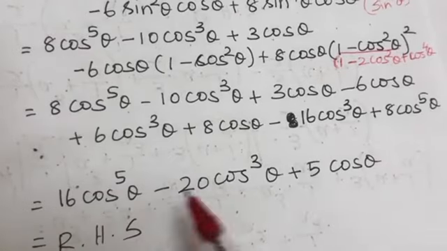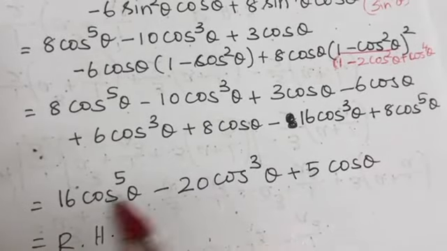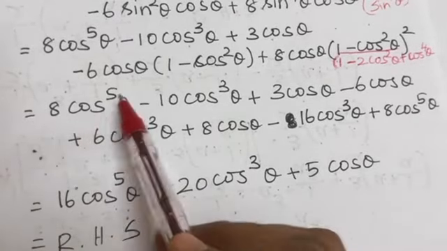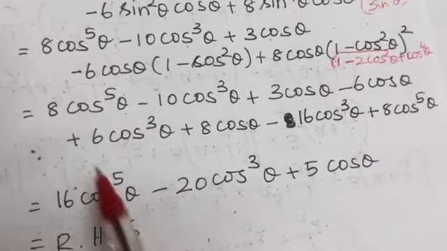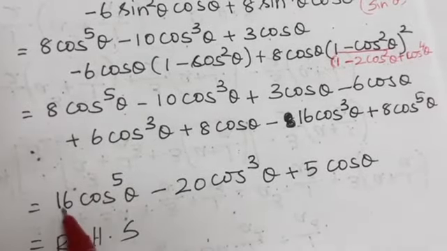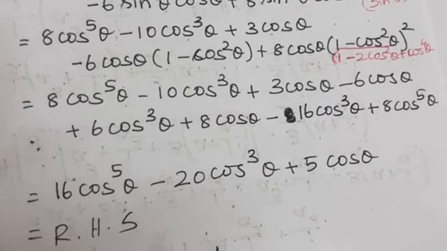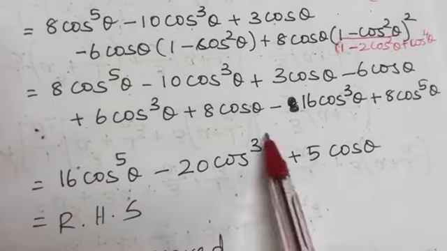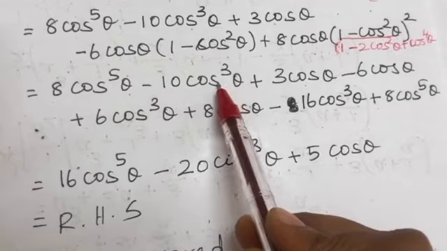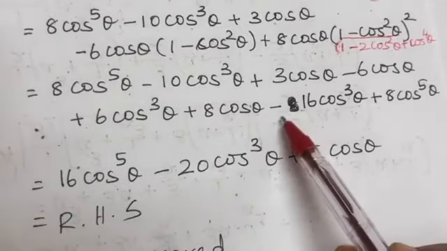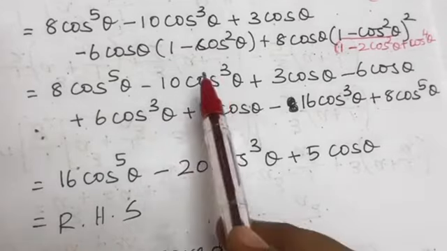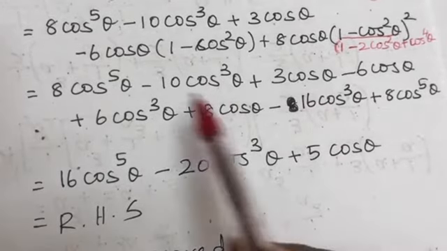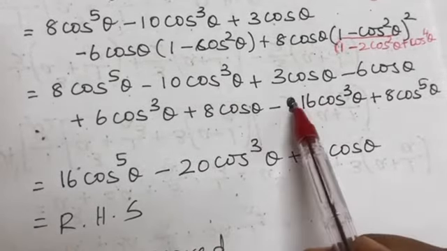So now 16 cos power 5 theta. So here 8 cos power 5, here 8 cos power 5. So 8 plus 8, it is 16 cos power 5 theta, minus 20 cos cube theta. Here minus 10 cos cube theta and then here minus 16 cos cube theta. Here 6 cos cube theta. So minus 10 and minus 16, while adding this it will become minus 26.